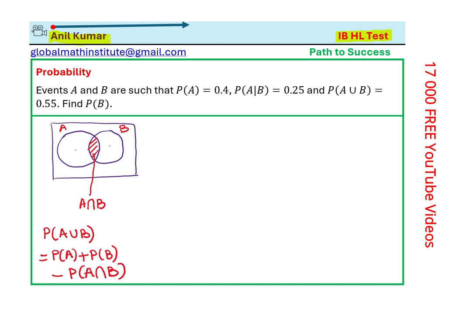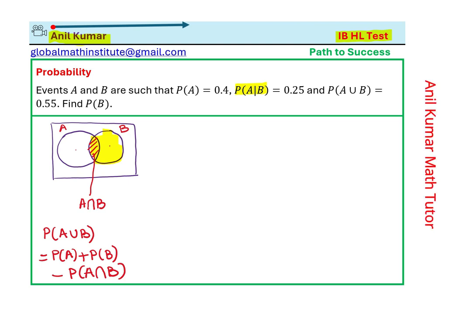So that is the significance of probability of A union B. Another thing you notice here is the conditional probability. Conditional probability states: what is the probability of A when B has occurred? B has occurred means all this. So obviously, probability of A when B has occurred is only the intersection part.